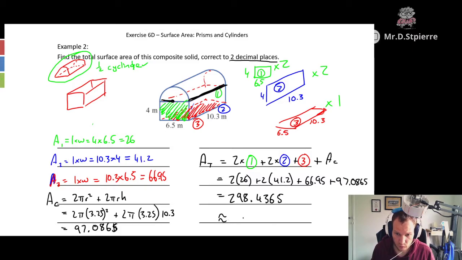To 2 decimal places that is 298.44, and all those measurements are in meters, so because it's total surface area, our units is meters squared.